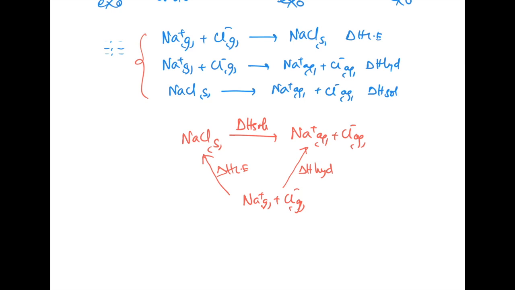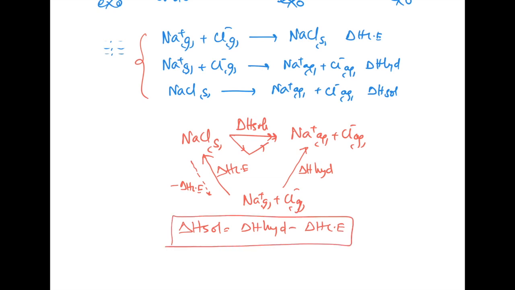If I make a Hess law, and let's say for example I make this the resultant, so this arrow should go down, this should go up. If this goes down, this becomes lattice dissociation. So can I say enthalpy of solution is equal to enthalpy of hydration minus enthalpy of lattice energy?